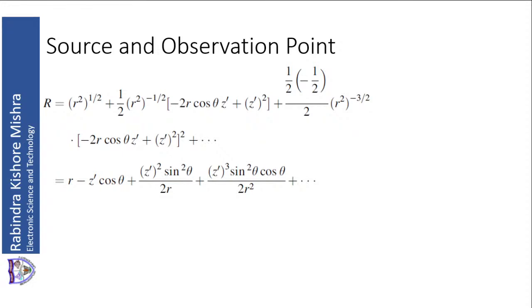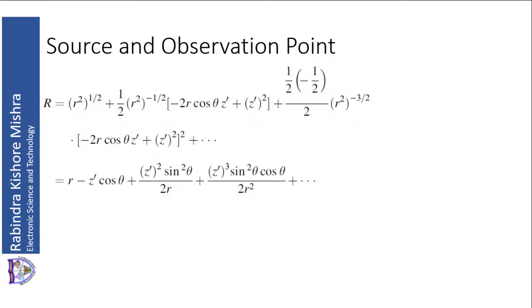It will be r square to the power half plus 1 by 2 r square to the power minus half into minus 2r cos theta z dash plus z dash square, plus 1 by 2 into minus 1 by 2 r square to the power minus 3 by 2 into 2r cos theta z dash plus z dash square whole square, plus other higher order terms.